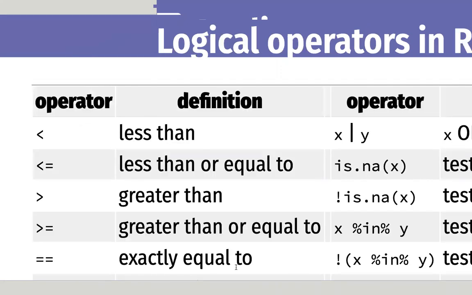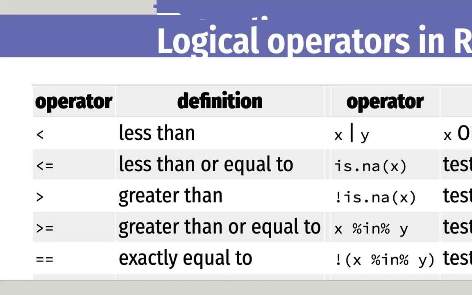So these are all the different logical operators in R that are commonly used. For most of you these should be familiar, but just so you have them on a slide if you need to refer to them later, I thought I would stick them on here. So we've got less than or equal to, greater than or equal to, exactly equal to. Again, you need that double equal sign. Not equal to.